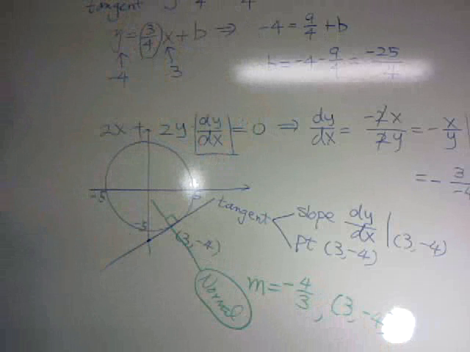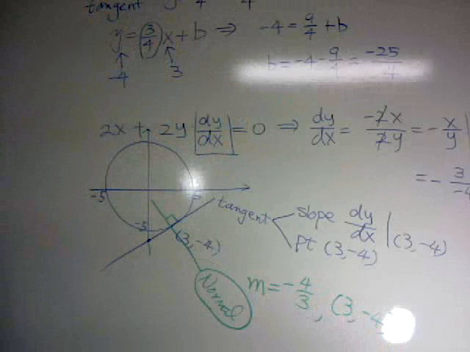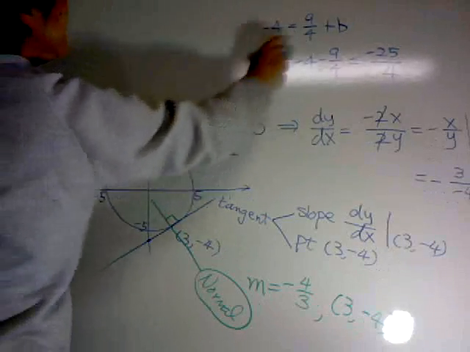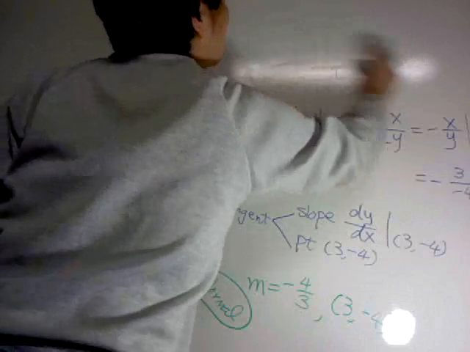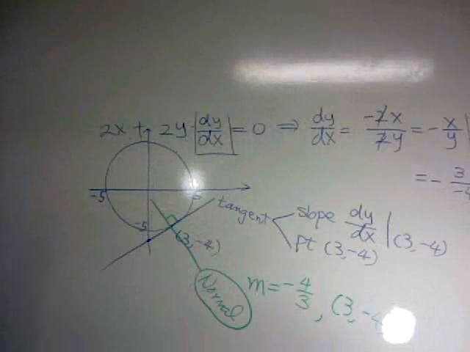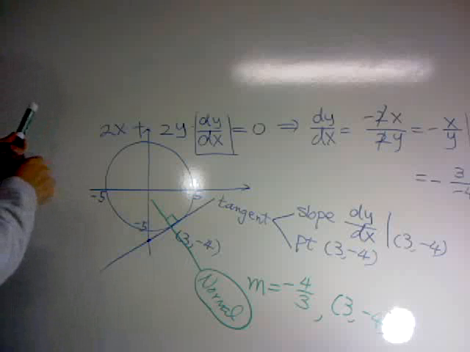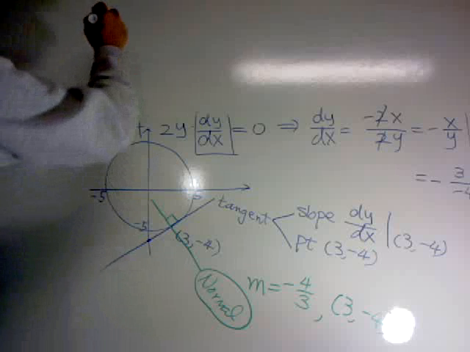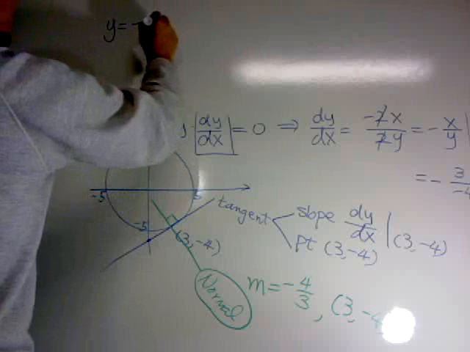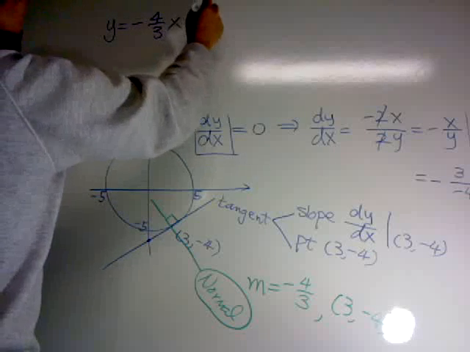Therefore, you can compute, right? So what is it this time? The equation of a normal line is y equals negative 4/3 x plus b.